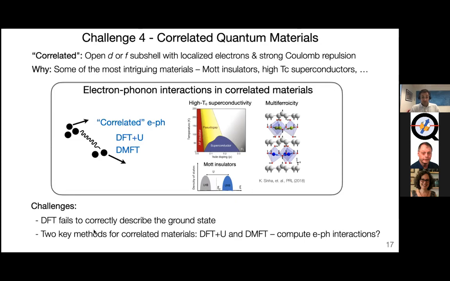Now, there are two key methods to compute the ground state of correlated systems. One of them is the Hubbard-U extension of density functional theory, so-called DFT plus U. The other one is dynamical mean field theory. However, calculations of electron-phonon interactions are currently not possible with either of these methods.